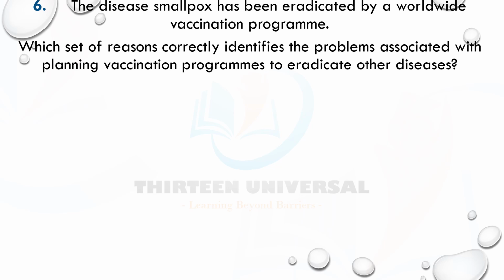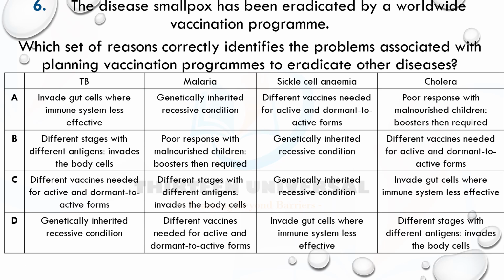Let's move quickly. The disease smallpox has been eradicated by a worldwide vaccination program. Which set of reasons correctly identifies the problems associated with planning a vaccination program to eradicate other diseases? Tuberculosis invades gut cells? No, it doesn't invade the gut. Different stages with different antigens, so this is for the malaria parasite. Different vaccines needed for active and dormant forms, yes, because sometimes it lives in a dormant stage in the body for a long time.